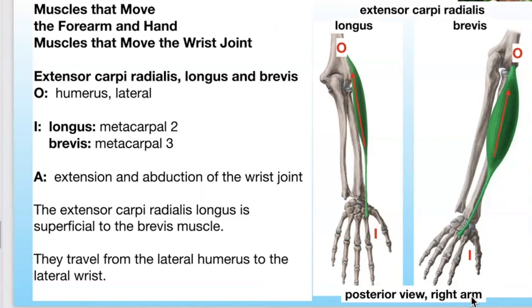Looking at the pictures and the origin and insertion of the muscle, you can imagine that contraction of the muscle is going to cause abduction of the wrist joint, or moving of the thumb away from the midline of the body. So abduction, moving away from the midline of the body.